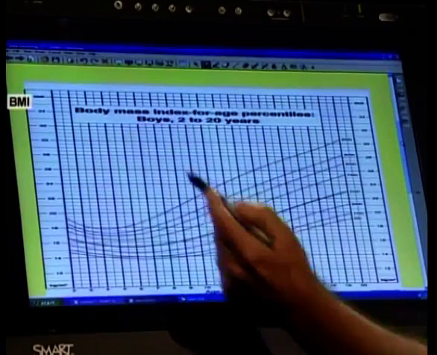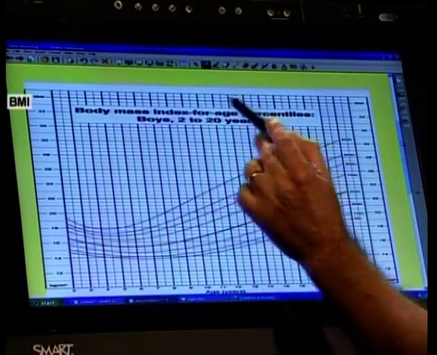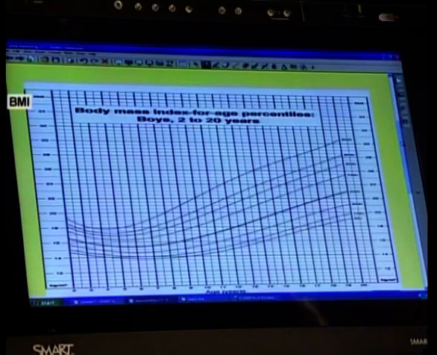Now, don't be too afraid by the amount of data that is represented on these charts. There is a lot of information given here, and we're going to need to use this information to answer a number of questions. This chart says that we are dealing with the body mass index for age percentiles for boys aged 2 to 20 years.